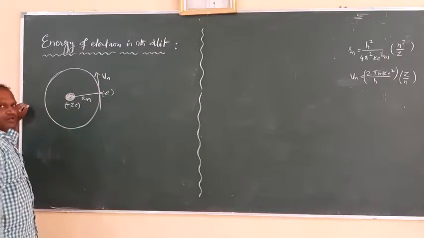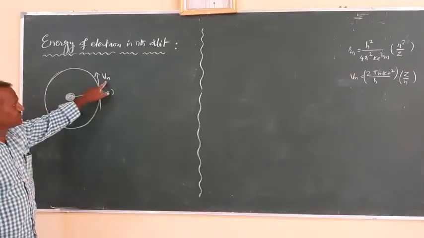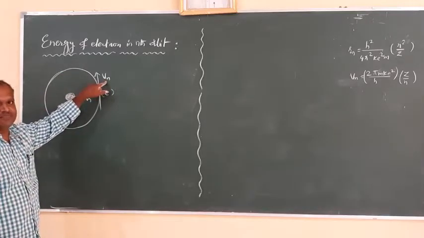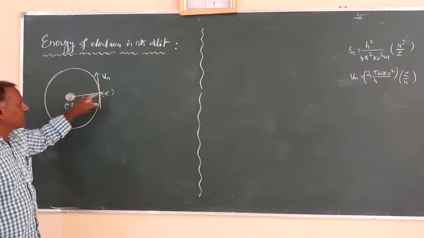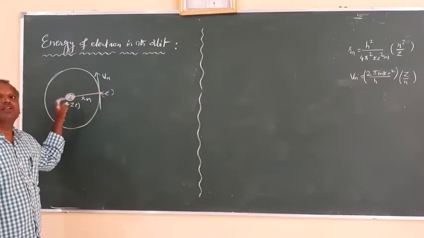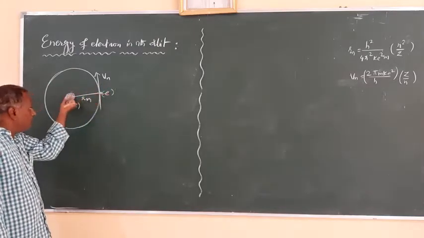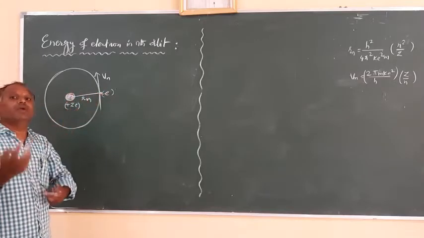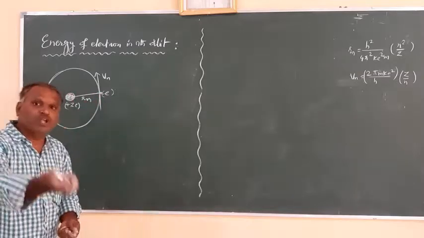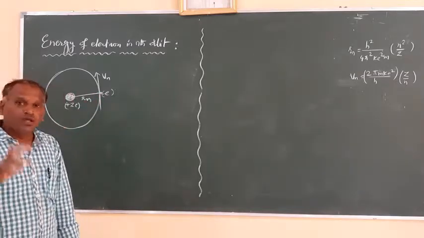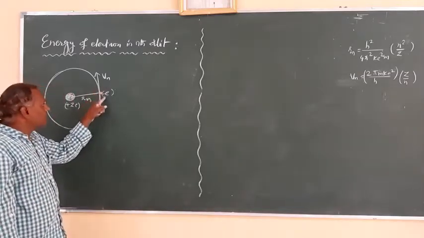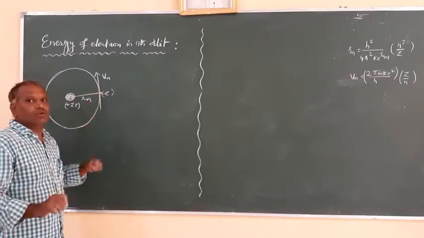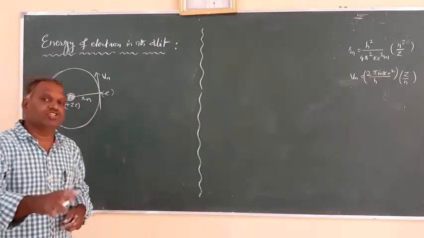Now as it has velocity, it possesses kinetic energy. As there is an attraction force between the electron and the nucleus, the electron is bound with respect to the nucleus, and that binding means the electron also possesses potential energy. So the total energy of this electron in this orbit is the sum of its potential energy and kinetic energy.